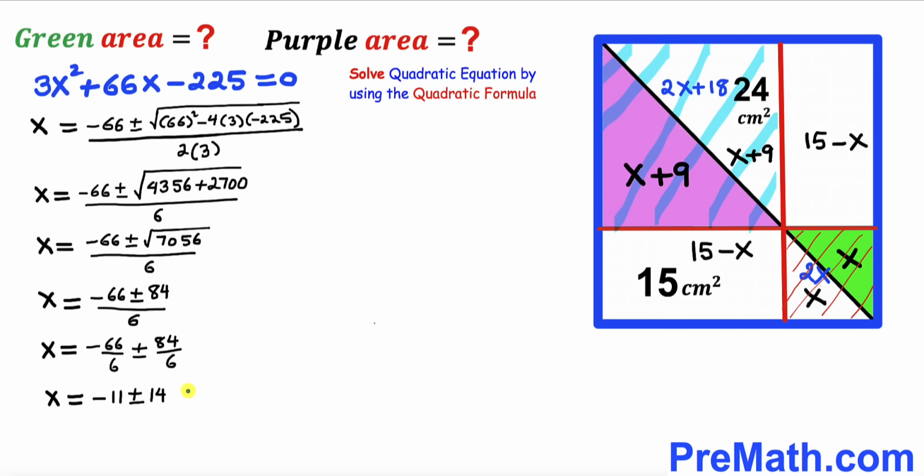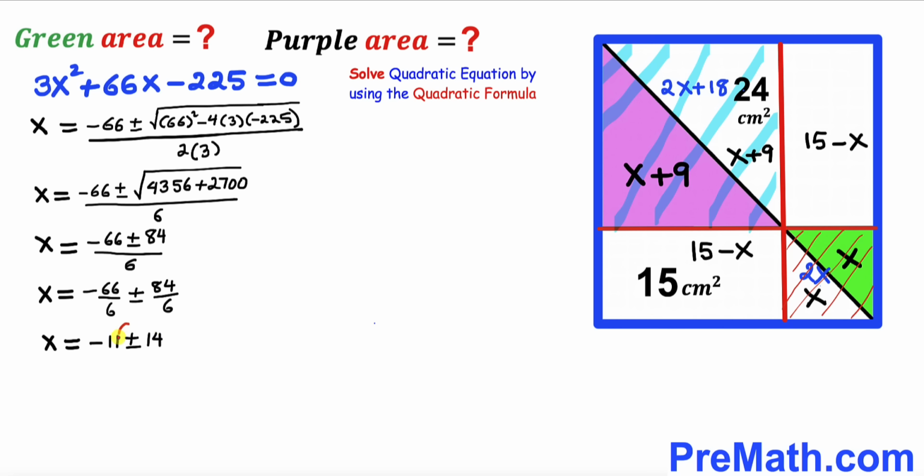And if we simplify furthermore, our x value turns out to be negative 11 plus or minus 14. And now we are going to split these positive and negative signs, one with a plus sign, the other one with the negative sign. Let's simplify. So we got x equals positive 3, and here x is going to be equal to negative 25.